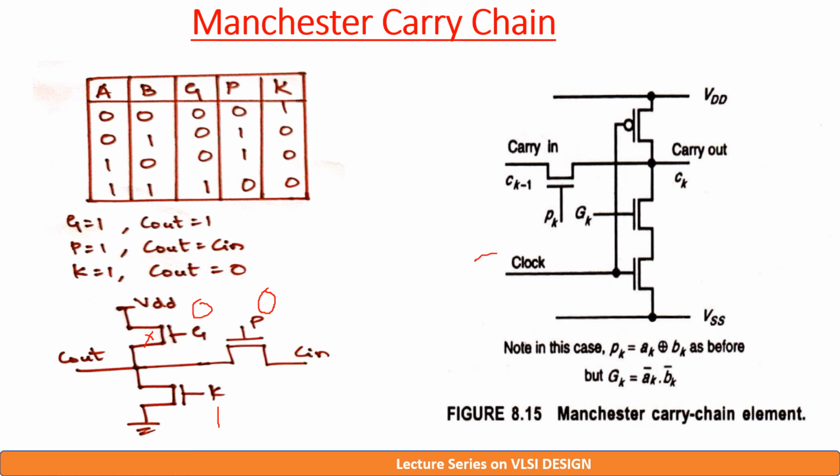So when clock is 0, PMOS transistor is on, NMOS transistor off, and if propagate is 1 and generate is 0, this device will be in off state. Since propagate is 1, this NMOS device will be on and carry input value is available as carry output.